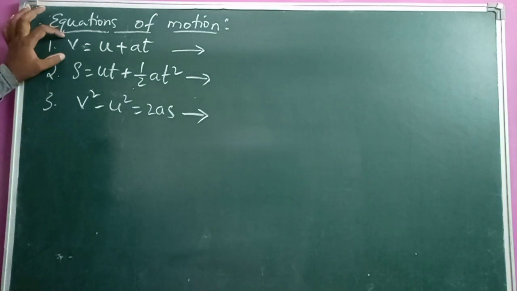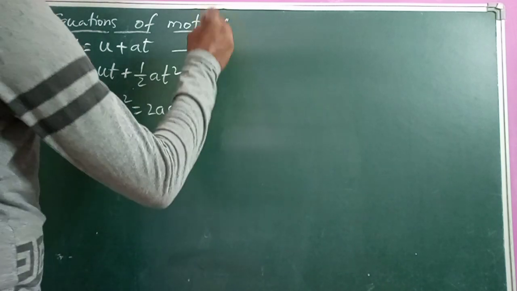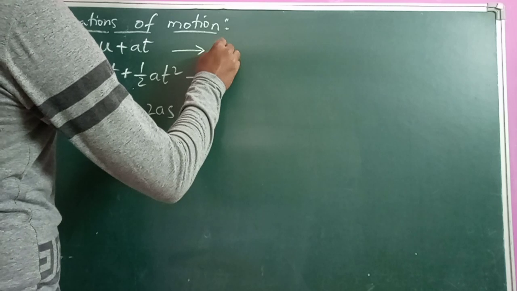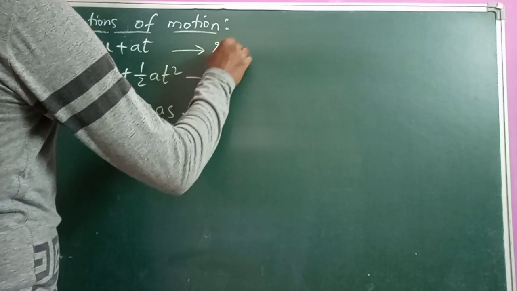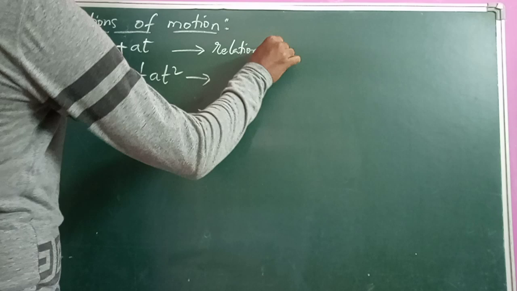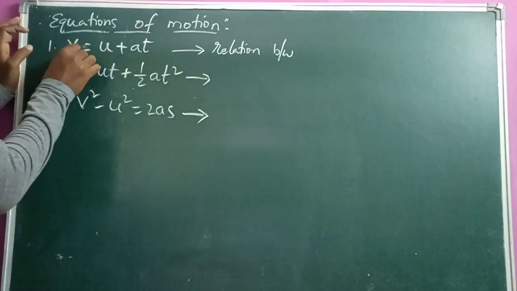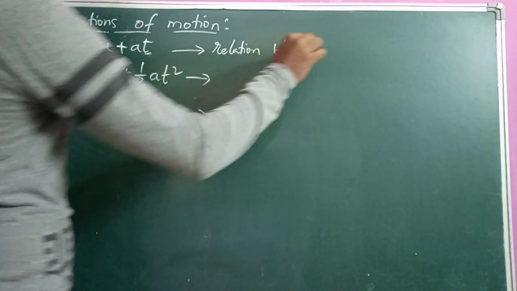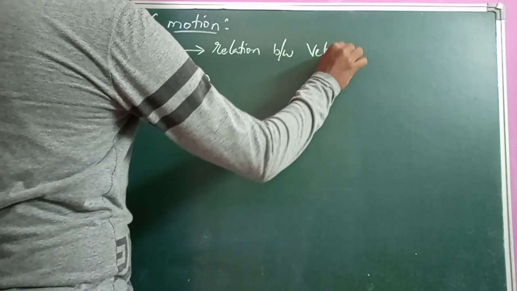So this first equation of motion gives the relation between first letter V and last letter T. Velocity, time.